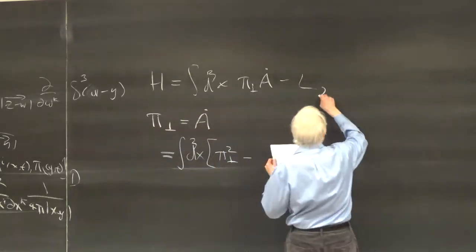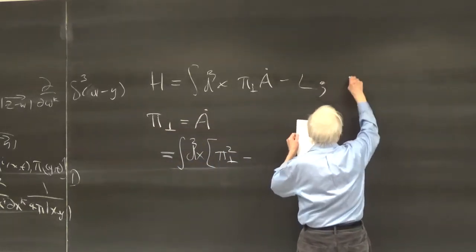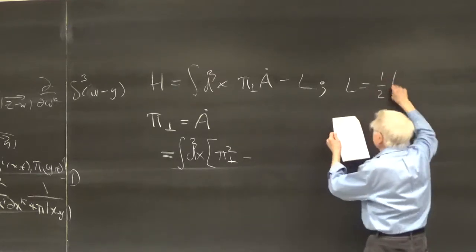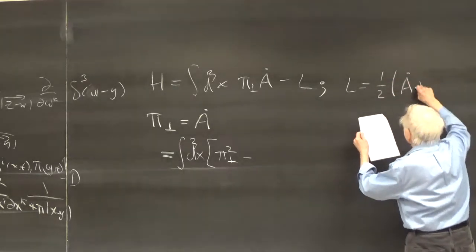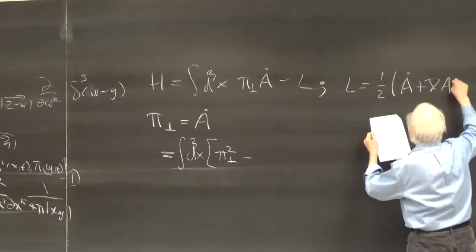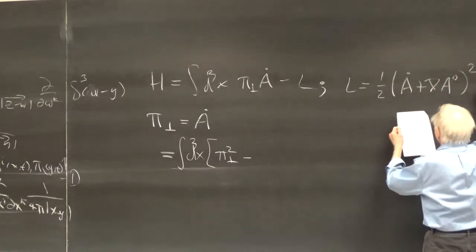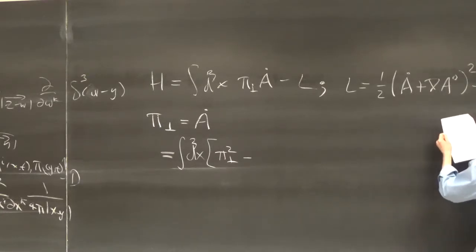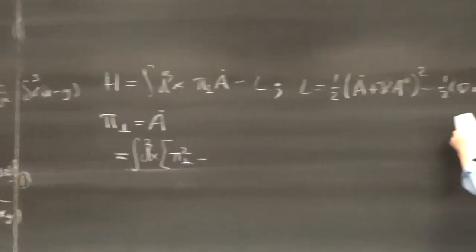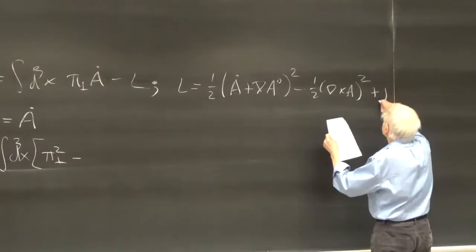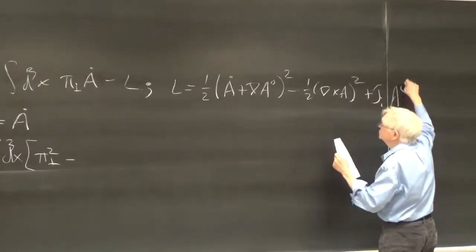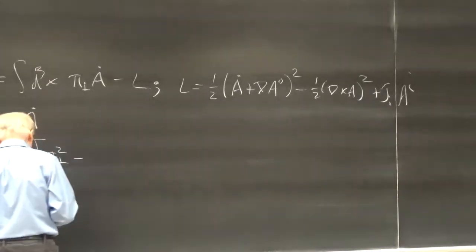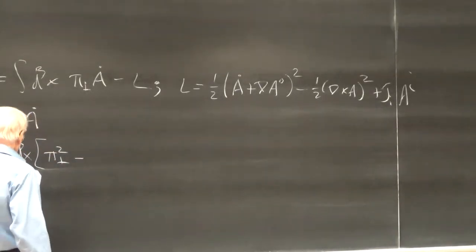So here, let me write L is a half (A dot plus grad A0) squared minus a half (curl A) squared plus J_mu A^mu, or J_mu A^nu if you prefer Greek.